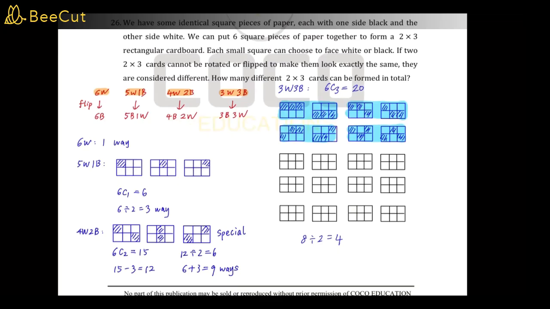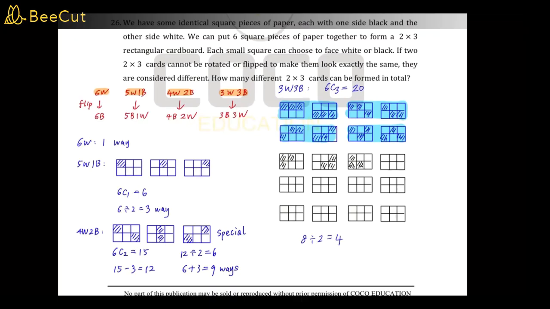Now, for the other 12 ways, you can get it from rotation, also the flipping. Okay. This one, if you rotate, let me get this figure. But if you flip it to the other side, after flipping, we can get this.